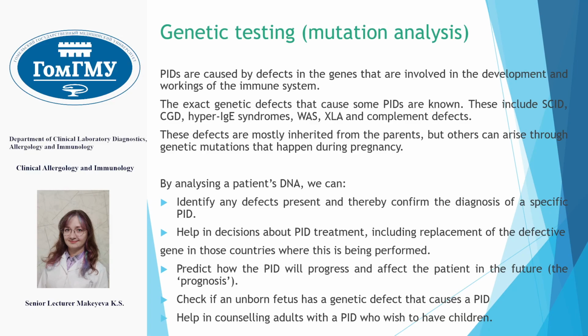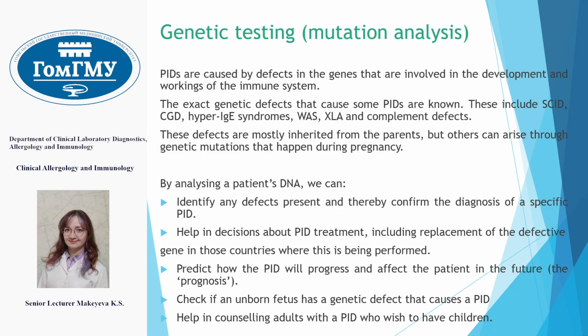By analyzing a patient's DNA, we can identify any defects present, and thereby confirm the diagnosis of a specific primary immunodeficiency. Help in decisions about primary immunodeficiency treatment, including replacement of the defective gene in those countries where this is being performed.